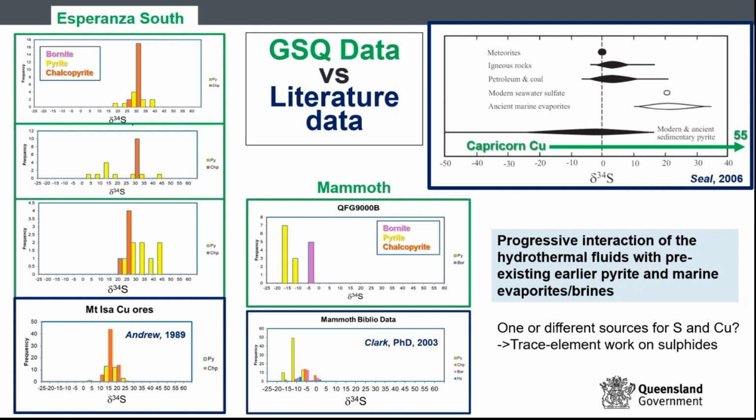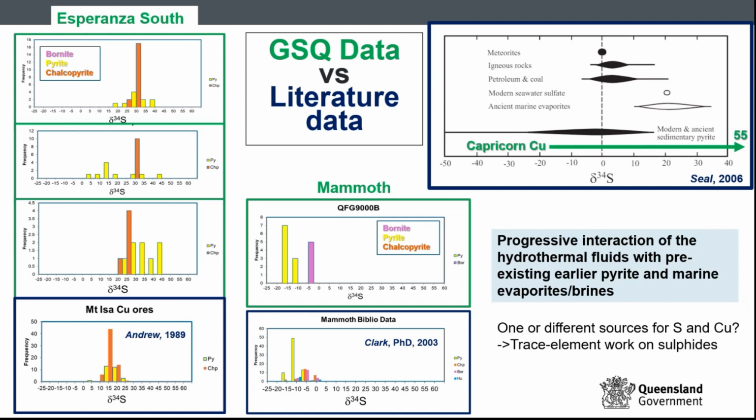For the Mammoth, we had a direct comparison with the data coming from PhD work. So we're quite happy that the data is there. It's just that the interpretation and the processes involved in sulfur fractionation are very complex.